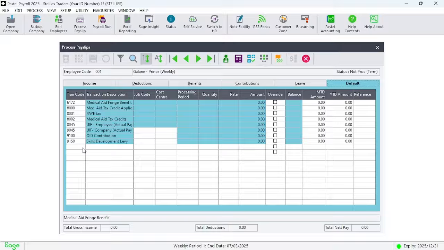So those four will have to be captured under the default tab. If we look at page 7, you will notice that there's mention of pension fund and medical aid. So 9000, 9091, we don't need to worry about it. And UIF by default 9045 appears as mandatory.